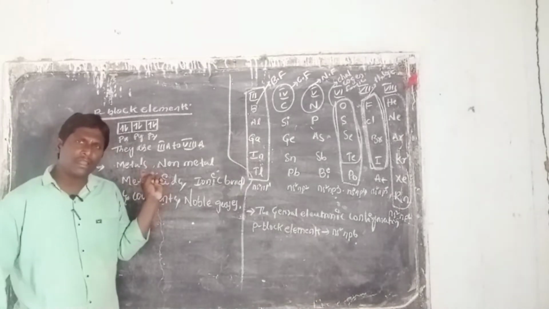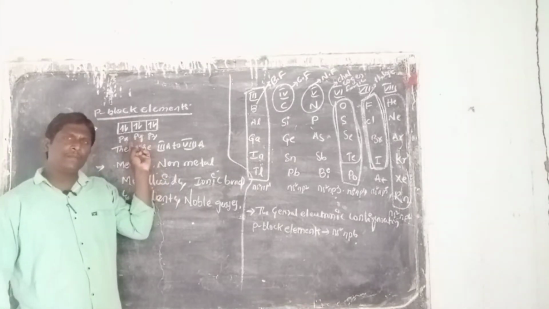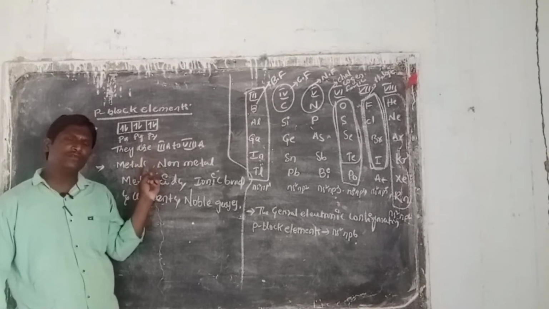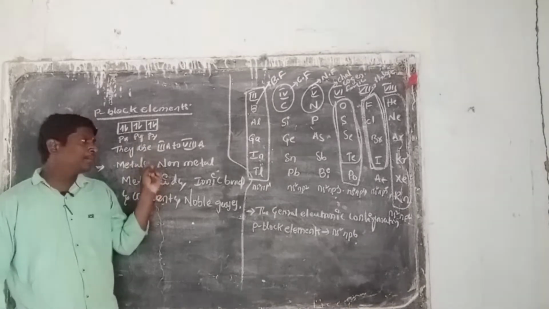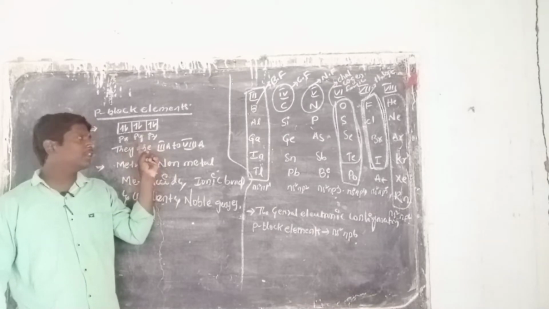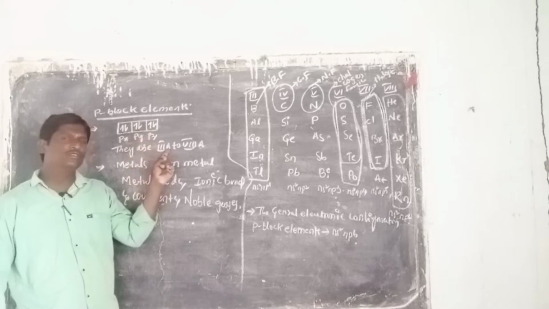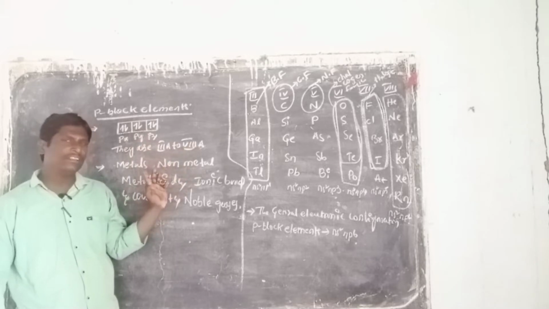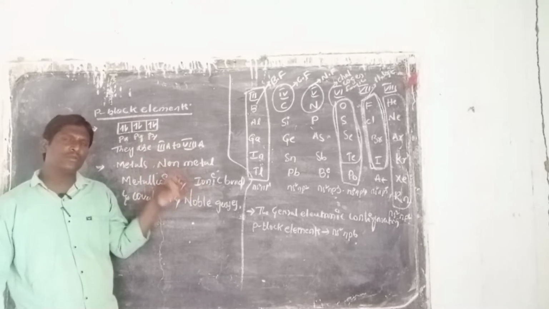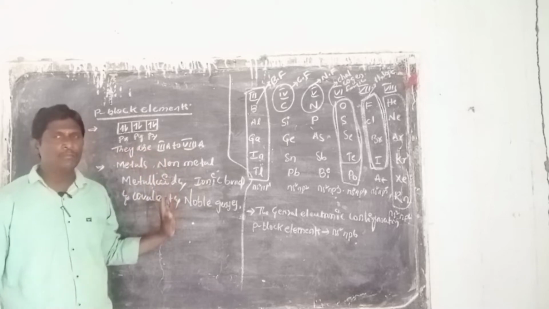Once again, recall: what is meant by p block elements? The differentiating electron enters the p orbitals. It is known as a p block element. There are 3 p orbitals: px, py, pz, holding 6 electrons, giving 6 groups, third A to 8th A. Metals, non-metals, metalloids, ionic character, covalent character and noble gases are present in the p block elements.